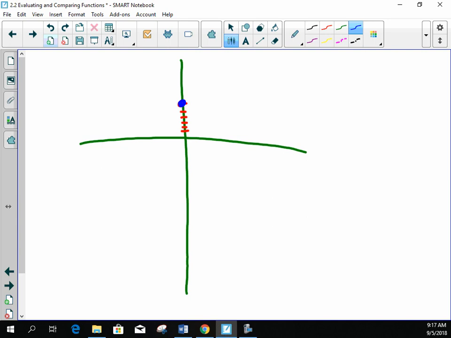So then I have 7, 8, 9, and I go over to 1. So when x is 1, y is 9. There's my next one. And then what did I have? 2 and 12. That's 9, 10, 11, 12.